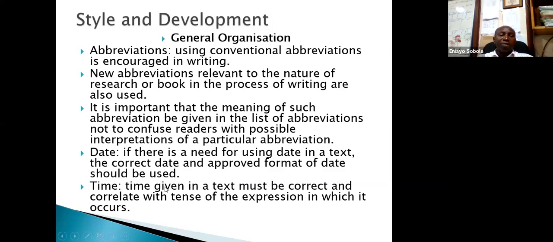And also in terms of time, if you need to use time, give the correct time. Supply correct time. And make sure your time connects with tense. So you must say that the particular event occurred at a particular time of the day.